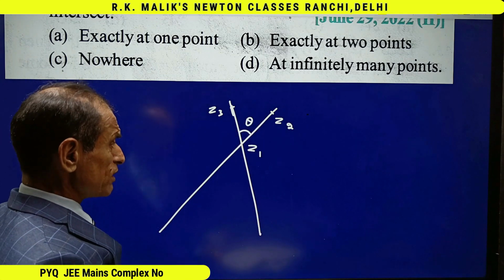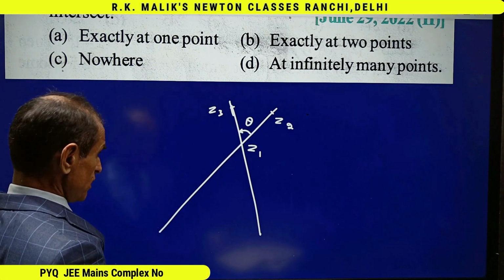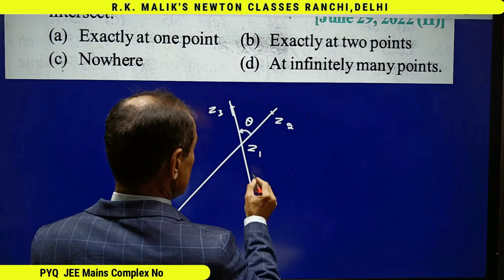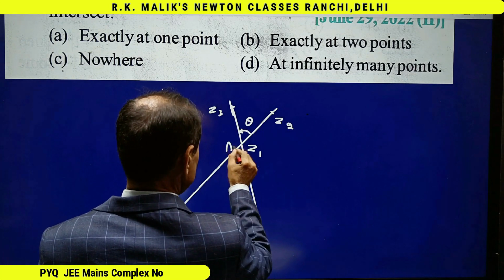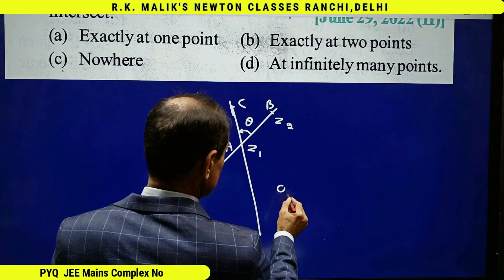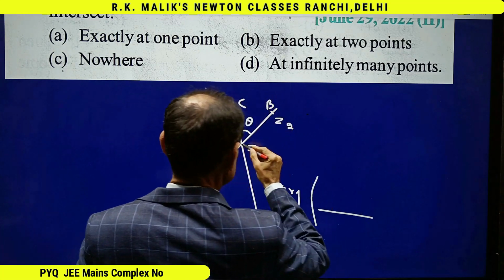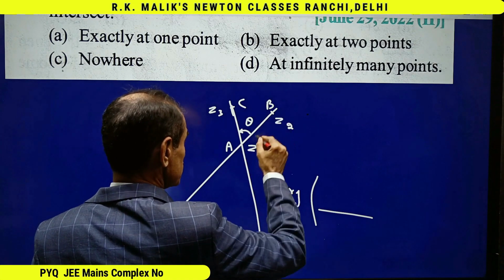Note that whenever you have to find the angle, first of all mark the anti-clockwise direction here and name the points as A, B, C. Then remember that argument of, now see where the angle is starting.